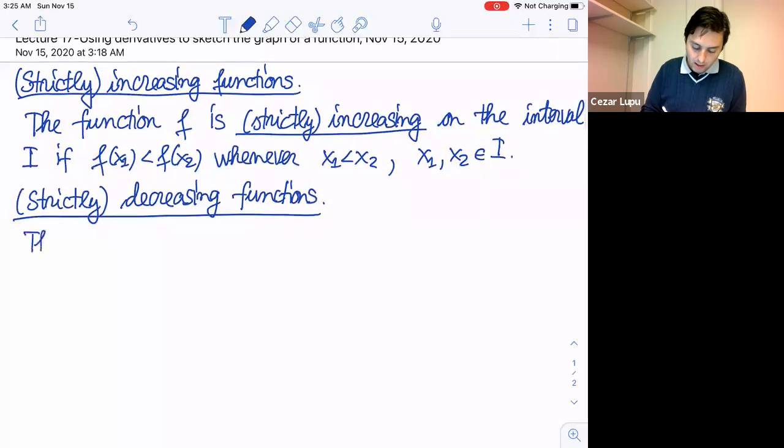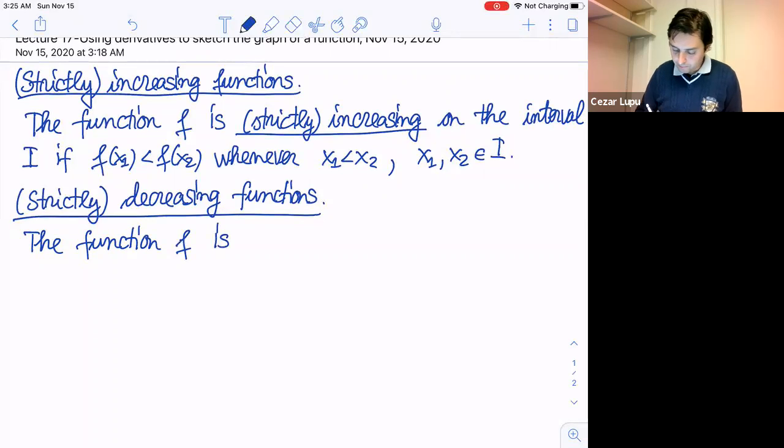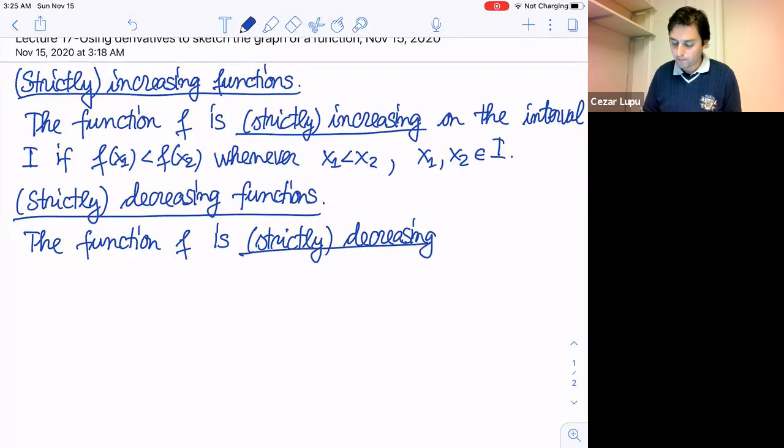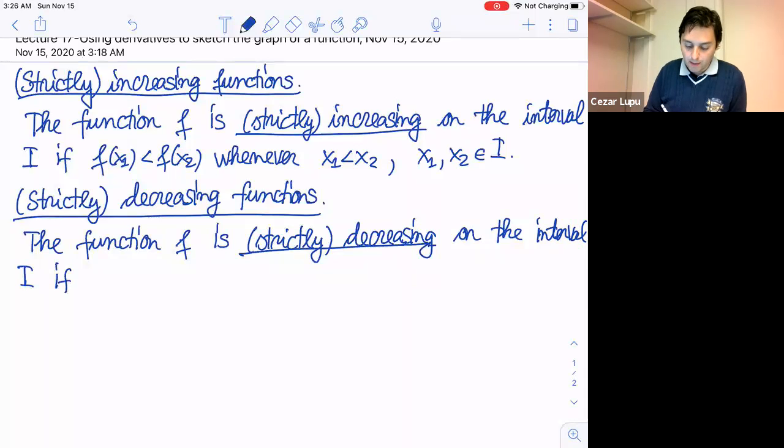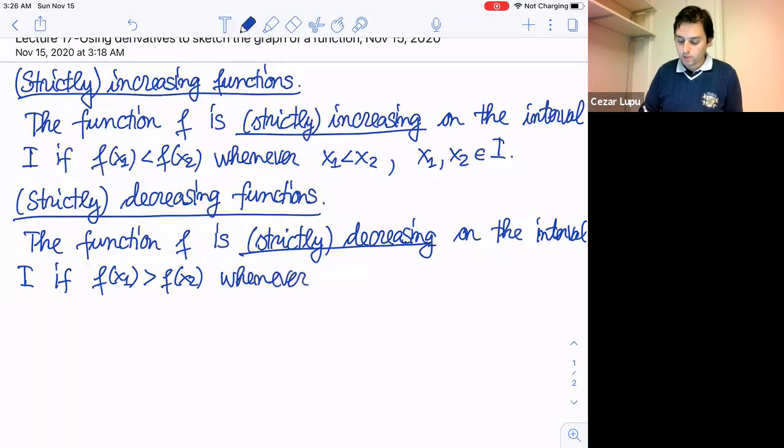We will say that the function f is strictly decreasing, or I'll just say simply decreasing, on the interval I, if this time we have that f of x1 is strictly greater than f of x2 whenever x1 is less than x2, and x1 and x2 are in I.